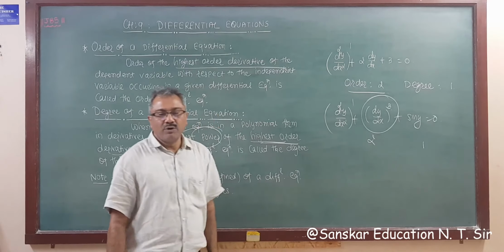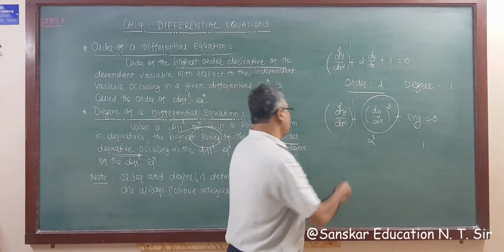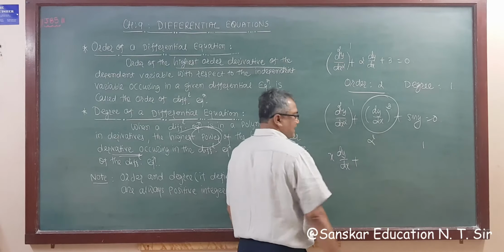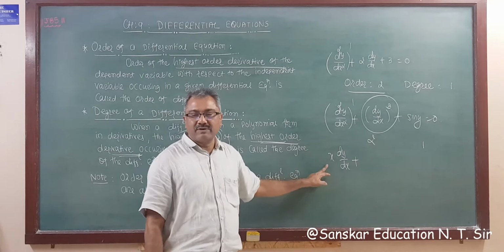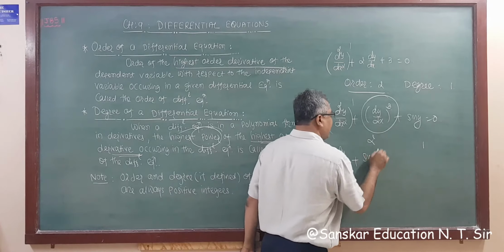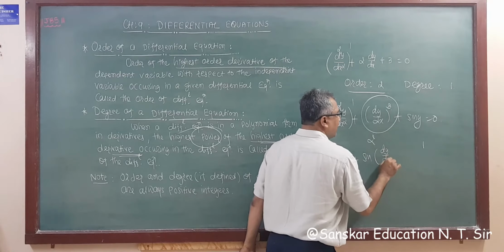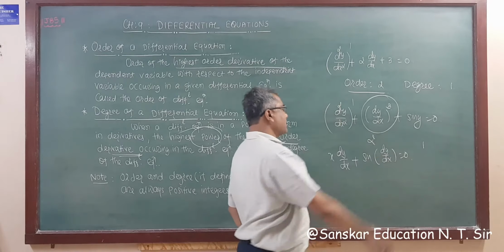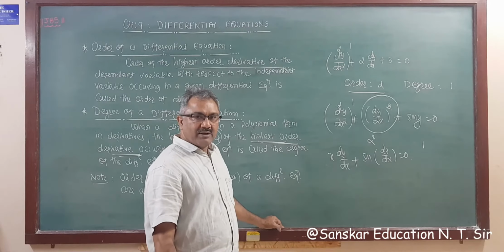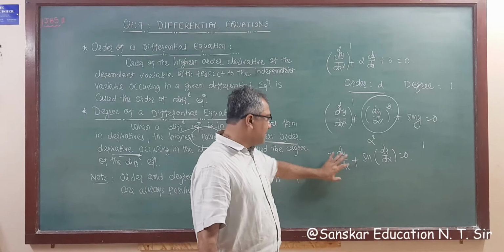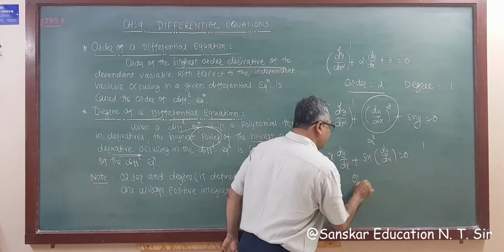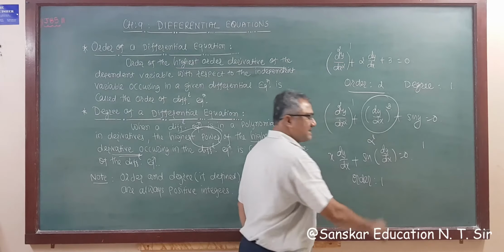Suppose you have another equation. Suppose I am writing x into dy by dx plus sin of dy by dx is equal to 0. Suppose this is the equation, right? So the highest order derivative here is of order 1, so the order of this equation is 1.